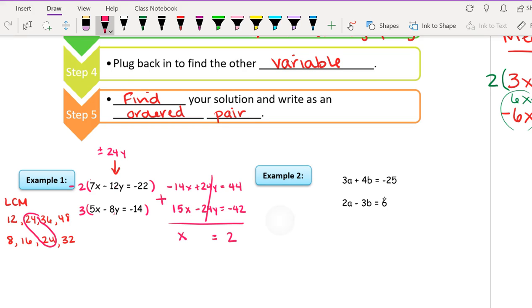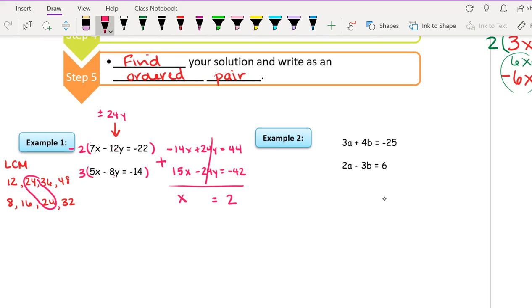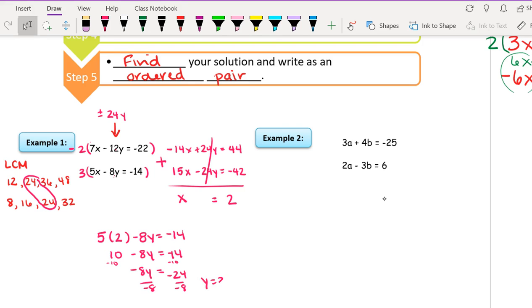Now you can pick which equation you want to plug it back into. I'm going to do the second. So 5 times 2 minus 8y is equal to -14. So 10 minus 8y equals -14. If I subtract 10, we get -8y equals -24, and dividing by -8, y equals 3.